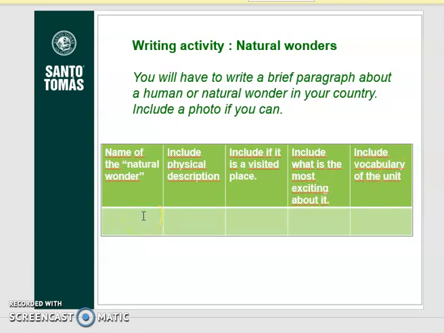Now, off the top of my head, I'm going to choose one natural wonder that I like quite a lot. All right, and I'm going to try to describe it to you. So in my case, I would choose the Amazonian rainforest, la jungla de la Amazonia. All right, rainforest, not jungle. Try to use rainforest, more accurate. So the Amazonian rainforest. Let's go to physical description.